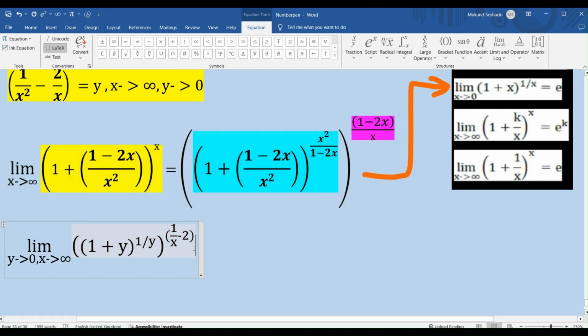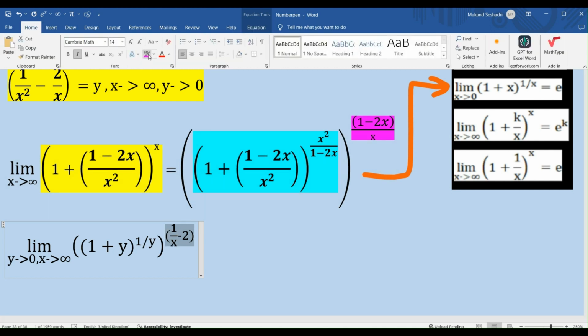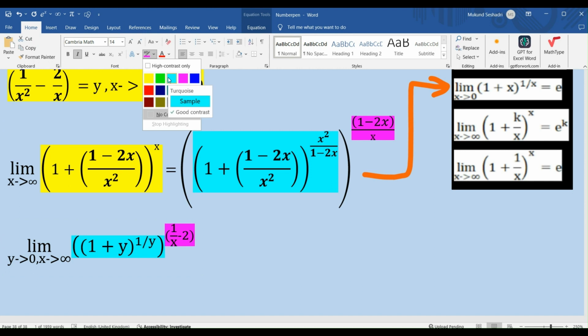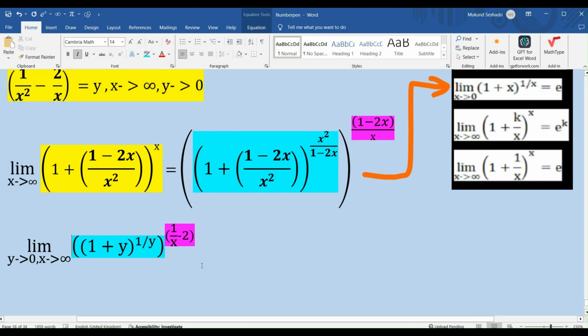So what happens to the exponential component here as x tends to infinity? This component, let me pick out my pink color, and this component, you can call it turquoise. What happens to this? The first part of it is e, and the second part, which is the exponential part, tends to 1 by infinity minus 2. So what happens to that?